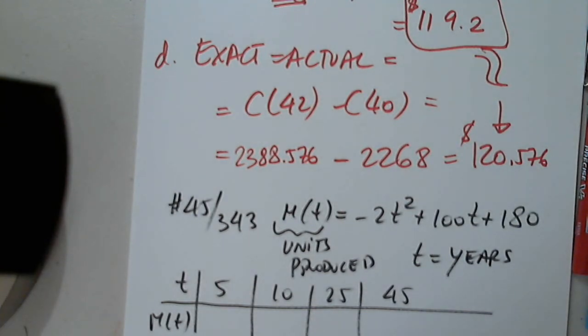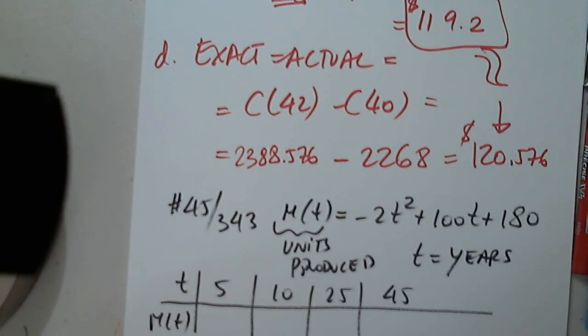What am I trying to do? Just plug in those numbers, exactly. So let's do just that. So I'm just going to plug in 5 and 10 and then 25 and then 45.